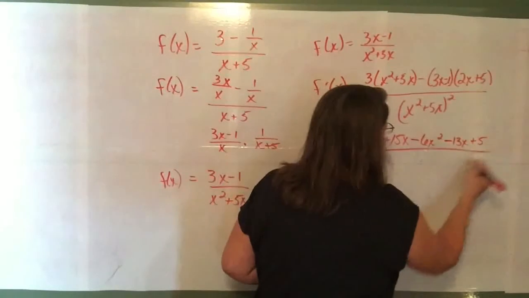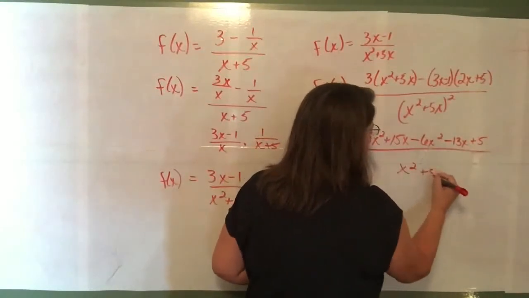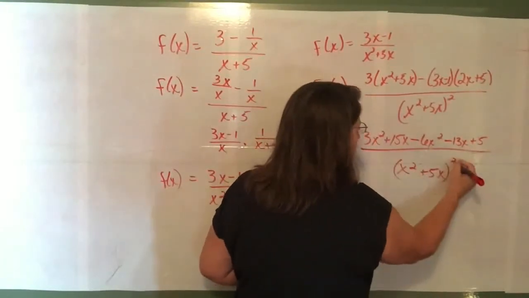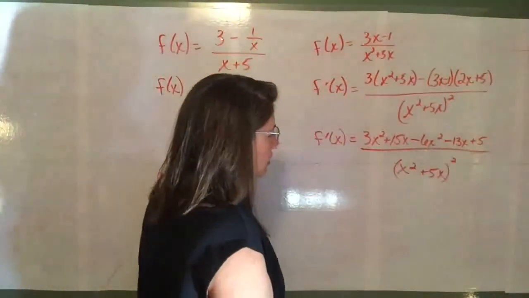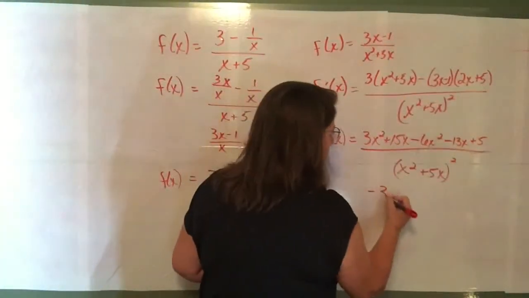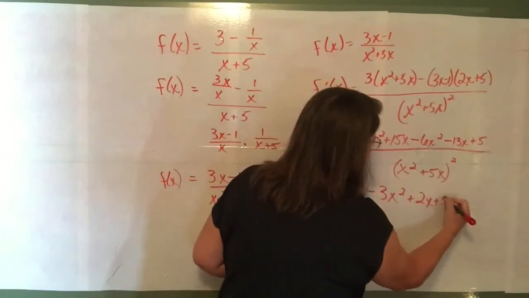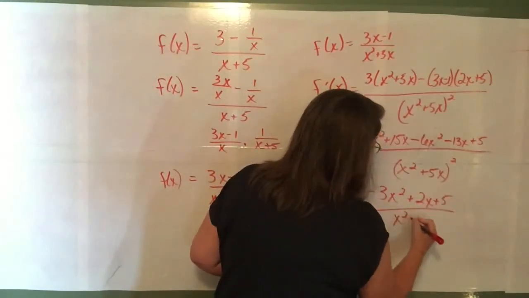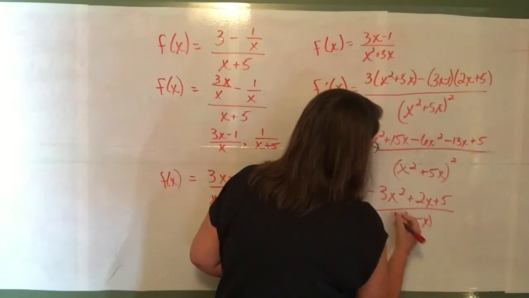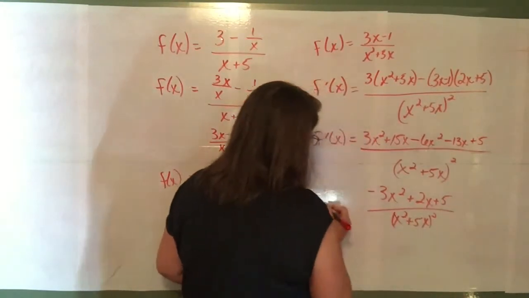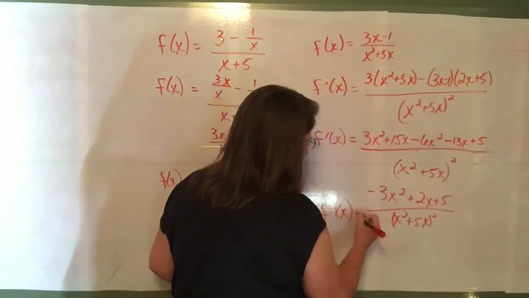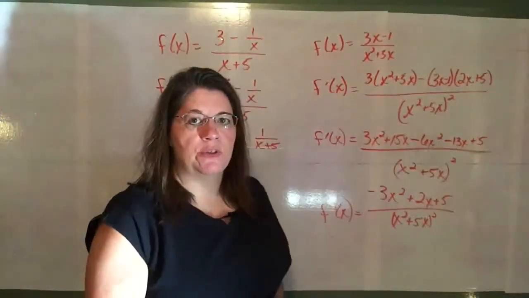And then that's all over the x squared plus 5x squared. And then I add like terms. So I'd have negative 3x squared plus 2x plus 5 all over x squared plus 5x squared. So there's my derivative using the quotient rule.